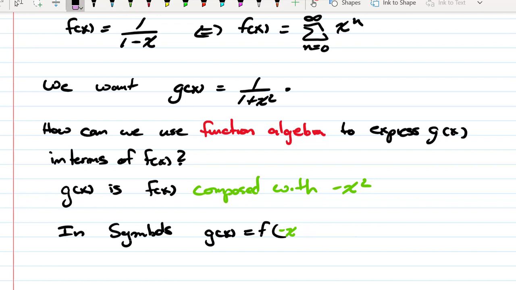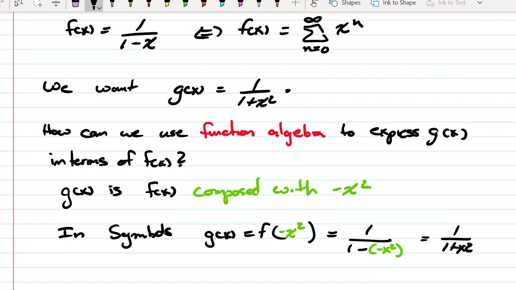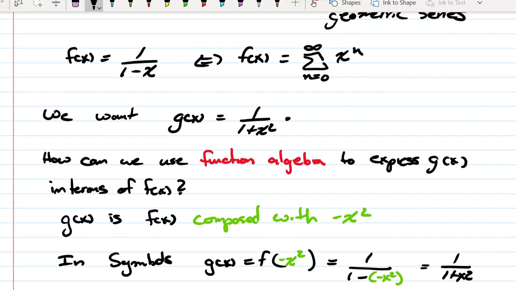Because if I replace all of my x's in f with a negative x squared, that would give me 1 over 1 minus negative x squared, which would be 1 over 1 plus x squared, right? Which is exactly g.